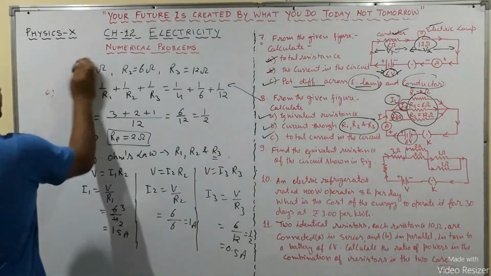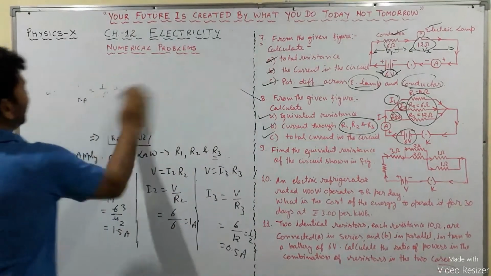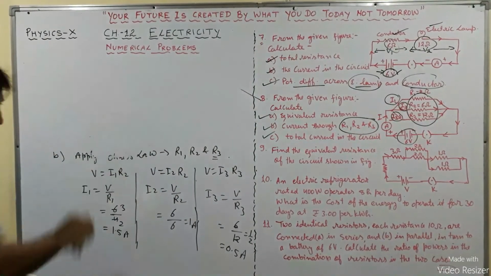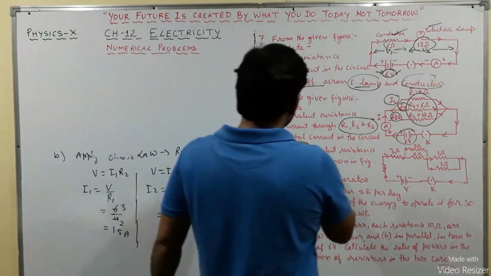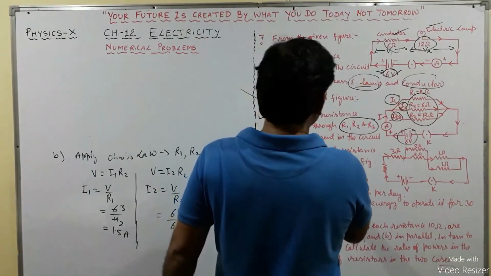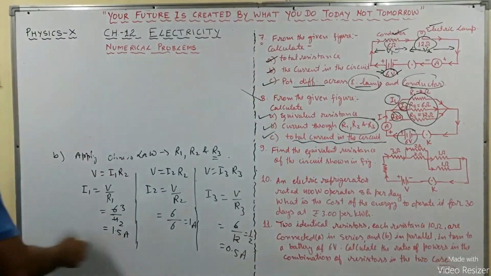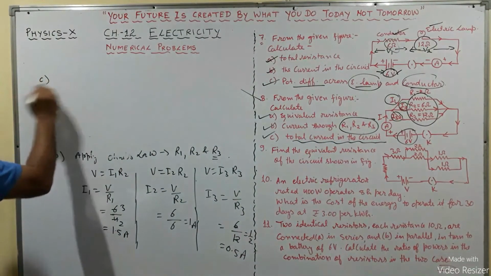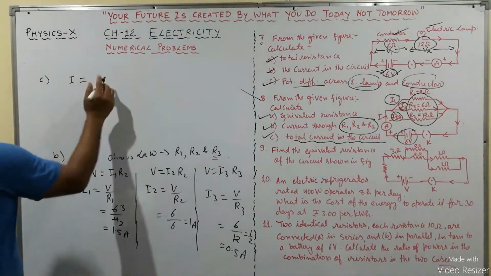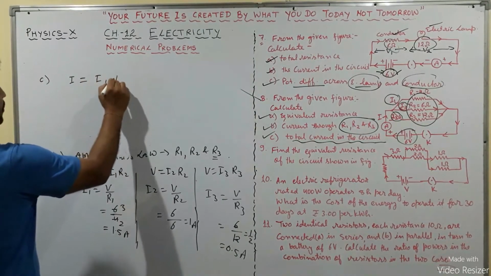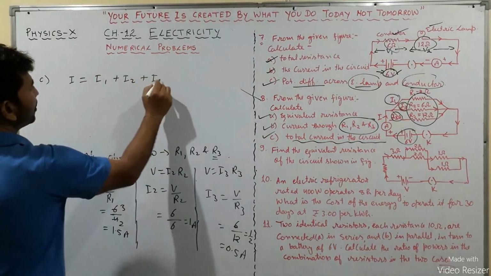Now what is there in the third part? In the third part, we need to find the total current that is flowing through the circuit. To find the total current, we will use this relation I is equal to I1 plus I2 plus I3.